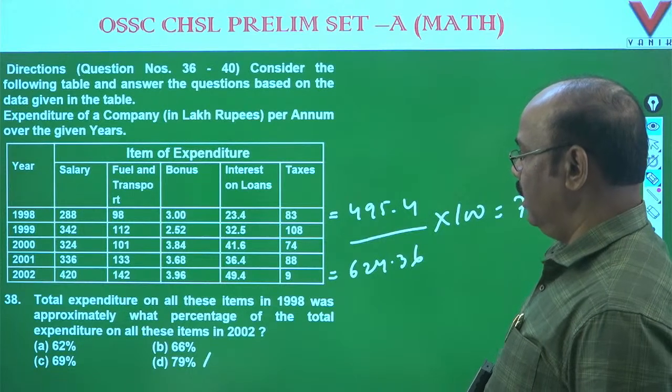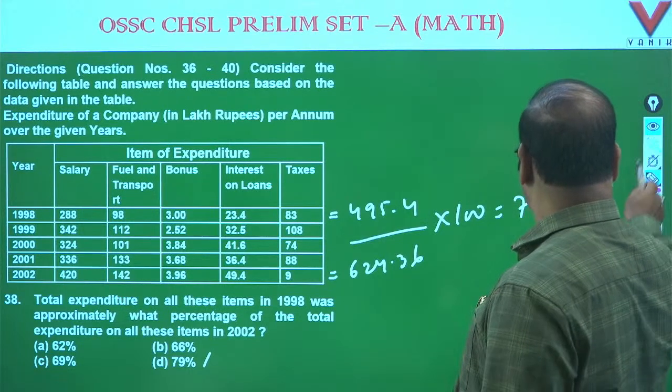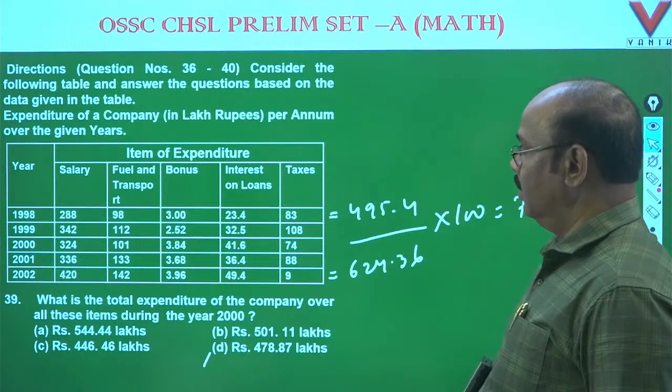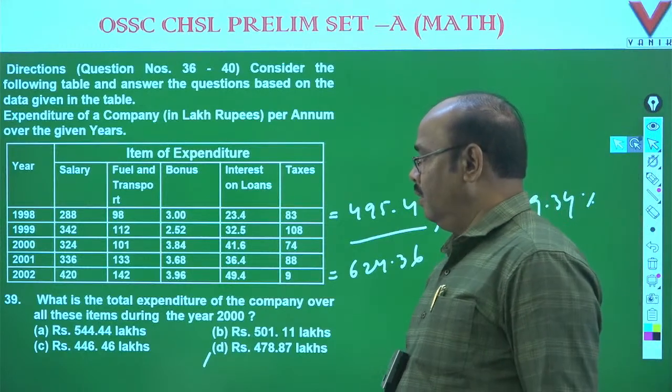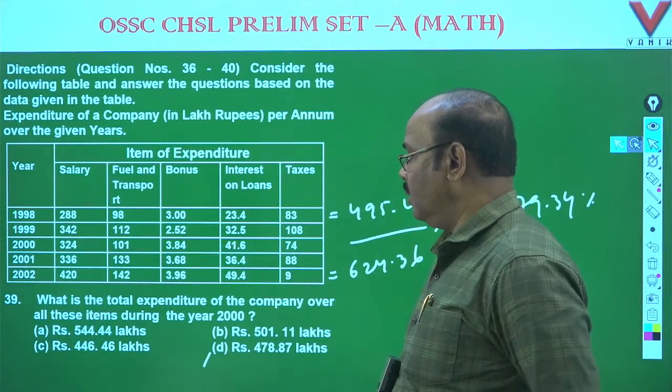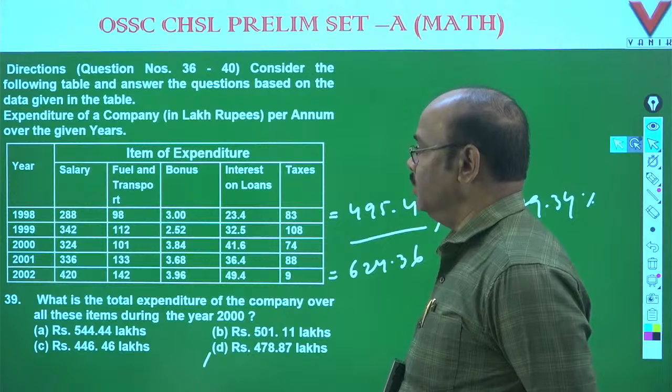Next question 39. Based upon the same data, what is the total expenditure of the company over all these items during the year 2000?